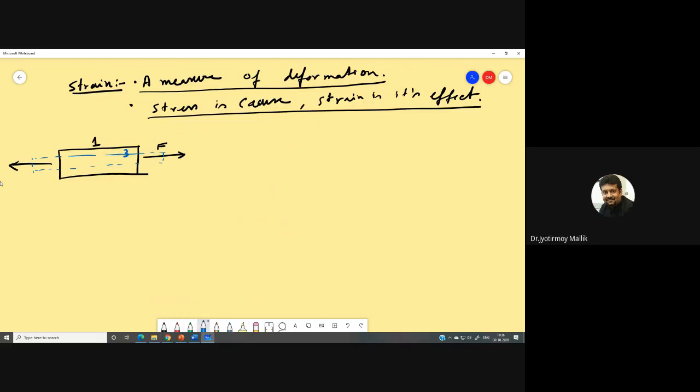So we will say that this particular piece of material has been strained because of the application of that force F, which is an extensional force. And the way we would define its deformation, we will call it strain. So strain in general is subdivided into three basic categories. One we call longitudinal strain.